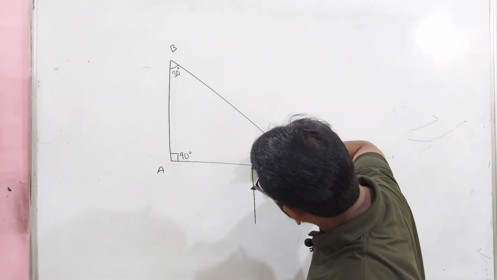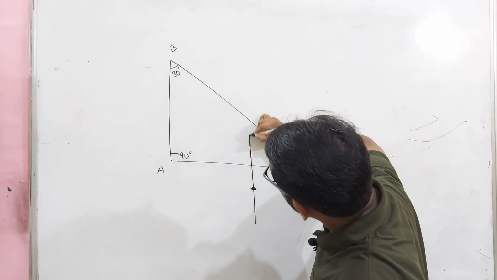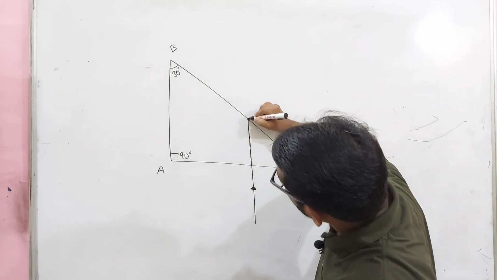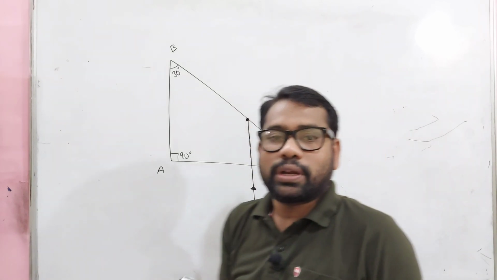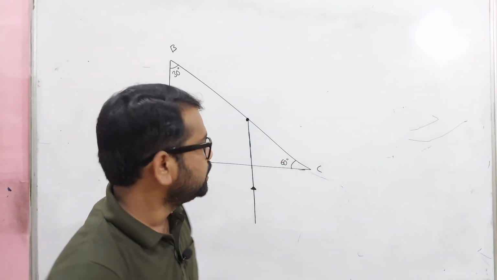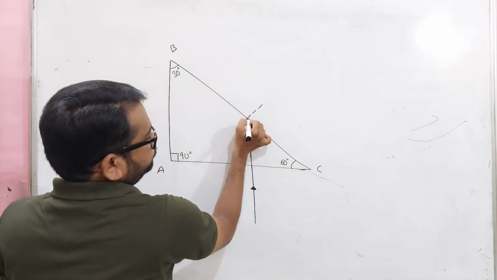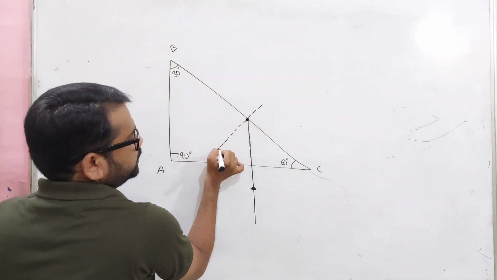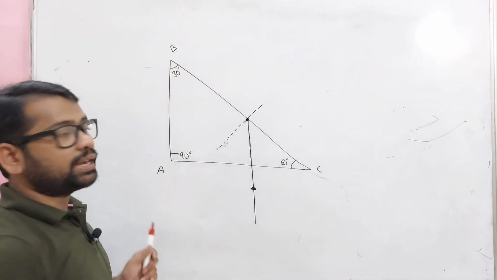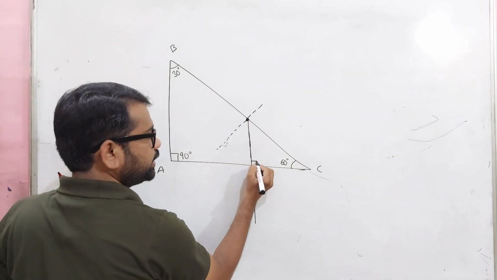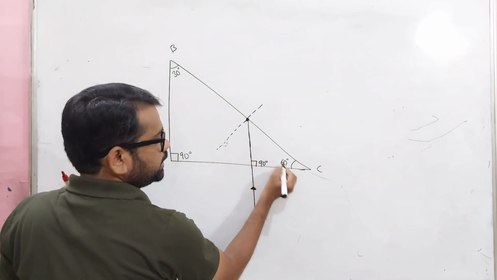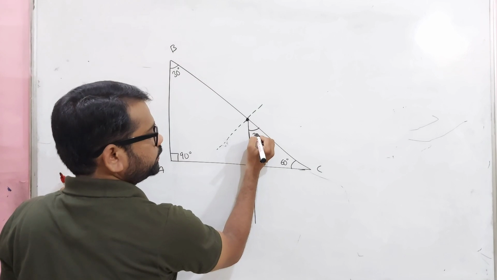This light ray will go undeviated, but this is a point where we have to concentrate. This is a point where light is going from denser to rarer medium. But what is the angle of incidence? Children, this is 90 degrees, 90, 60, and this is going to be 30 degrees.